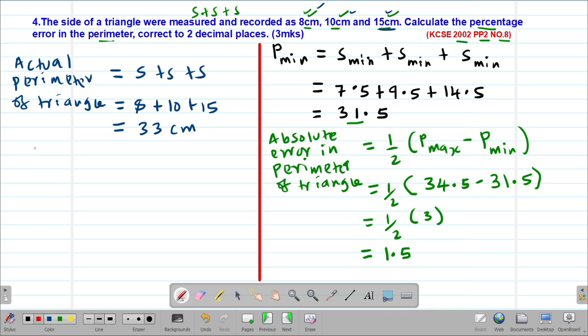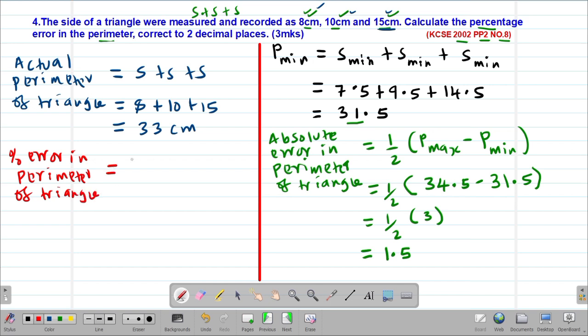Therefore, to get the percentage error in the perimeter of our triangle, it will be given by the following.